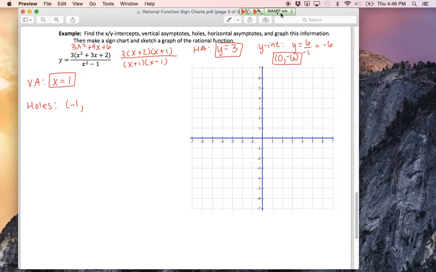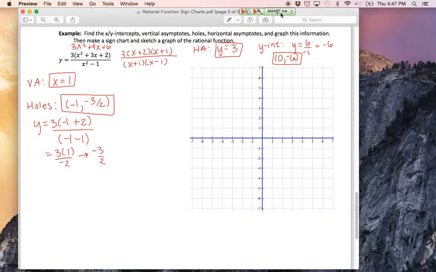To find the y value, you have to cancel out and then plug in. So y = 3 times (-1 + 2) divided by (-1 - 1). So you get 3 times 1 over -2, which gives you -3/2. So your hole is (-1, -3/2).